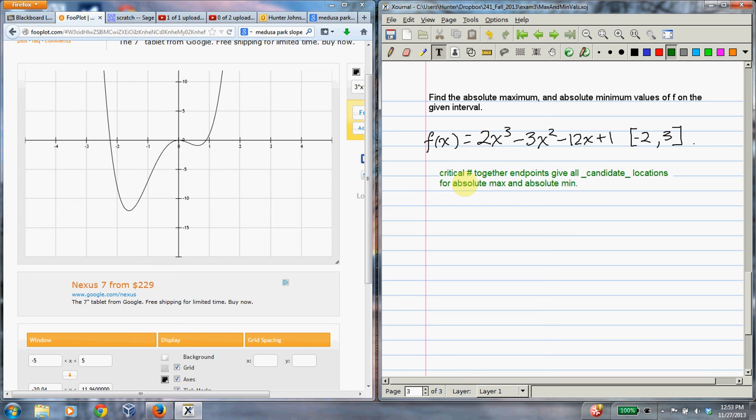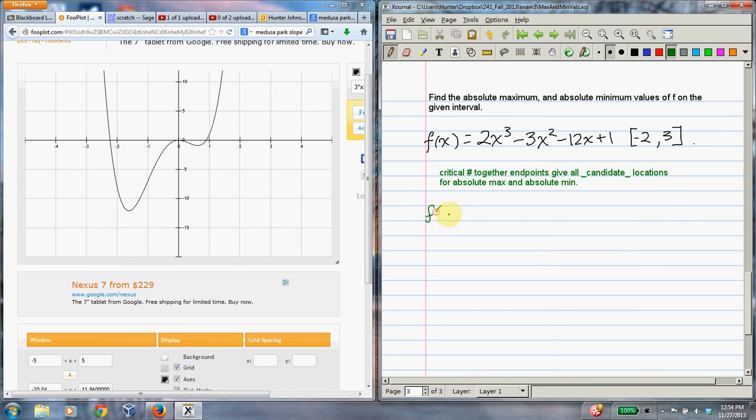So the first thing we're going to do is find the critical numbers, throw in the endpoints, and this set of things will give all the candidate places where the absolute max or absolute min could occur. Then we're going to just check them one by one, and the biggest one is going to be the absolute max, and the smallest one is going to be the absolute min. That is the closed interval method.